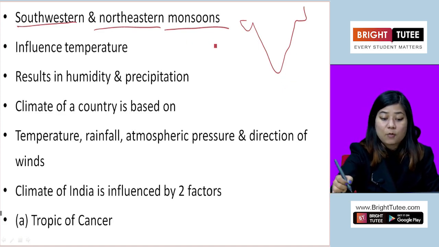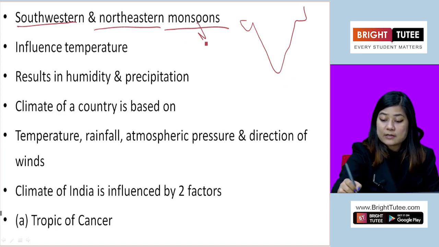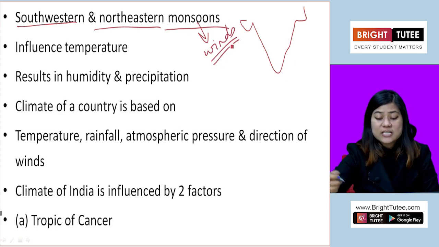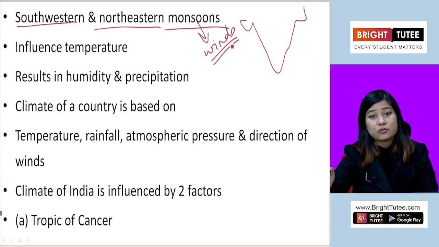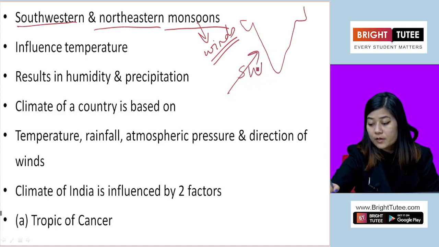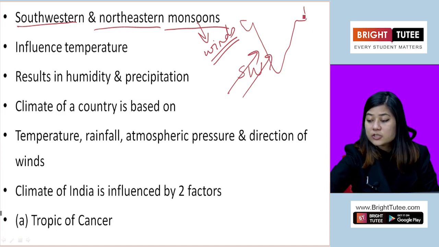And monsoons are basically winds. These winds are southwestern and northeastern. Southwestern is this part, and northeastern is here.